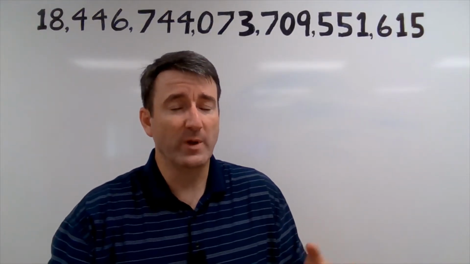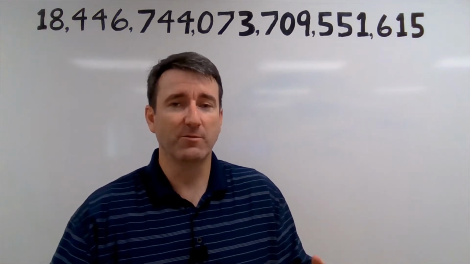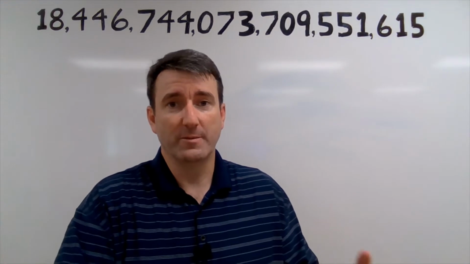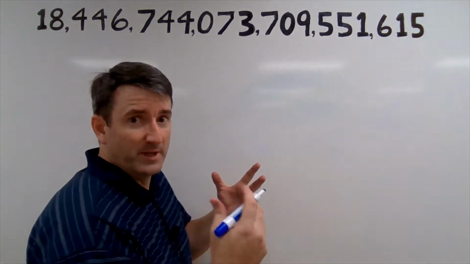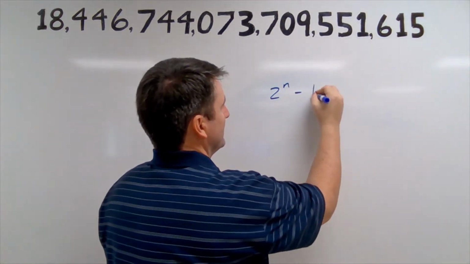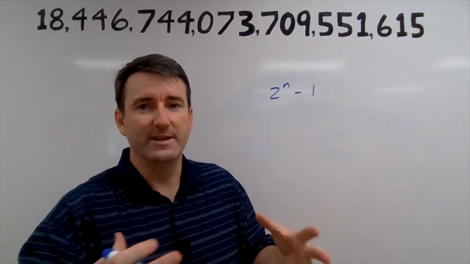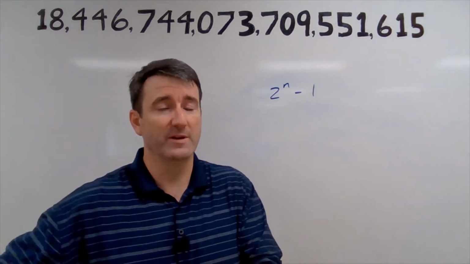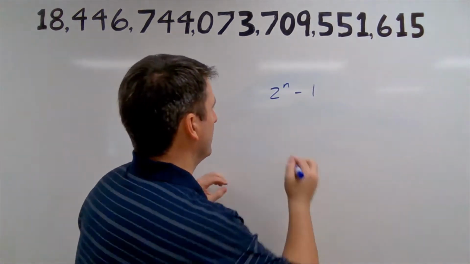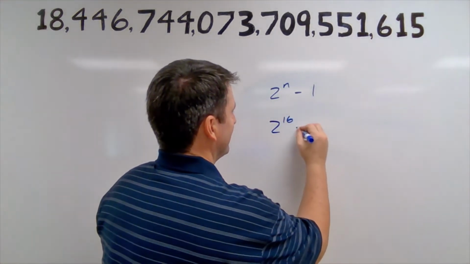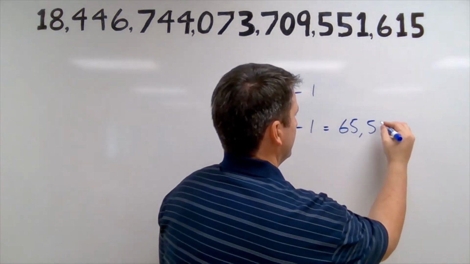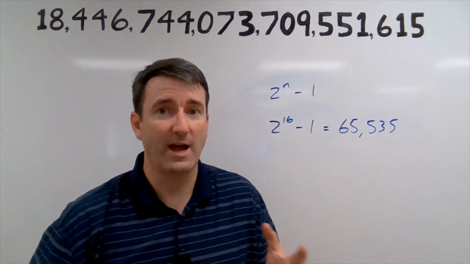Now that we know the pattern, we can figure out exactly how many grains of rice the inventor of chess in our legend was requesting from the king. We know that the formula was 2 to the nth power minus 1, where n is the number of squares that we've filled so far. So through our first 2 rows of the chessboard, we had 2 to the 16th minus 1, which is 65,535 grains of rice.